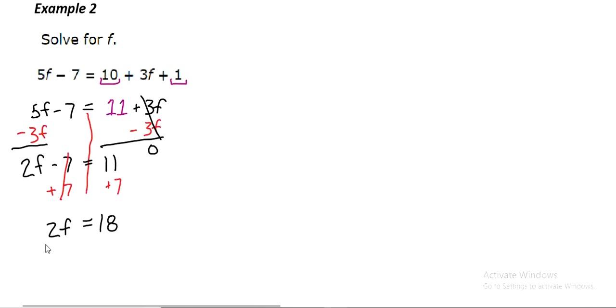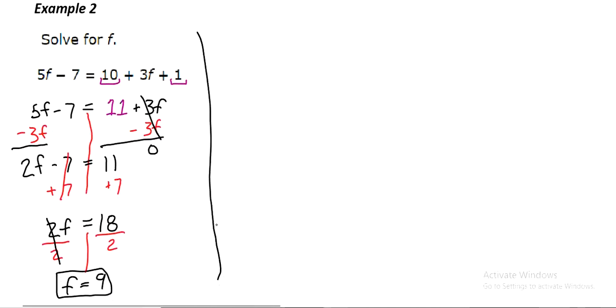Last thing we have to do, divide each side by 2. These cancel out. We'll have f equals 9. F equals 9. Always pays to do a check.